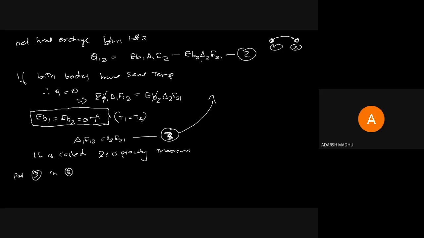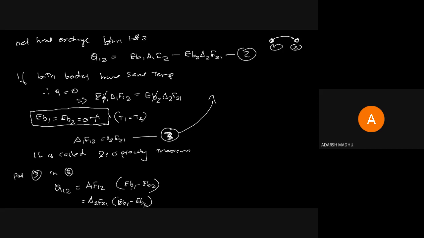Okay. So we can take A1 F12 common. That is Q12 equal to A1 F12 into EB1 minus EB2. Okay. Or if we want F21, then A2 F21 into EB1 minus EB2. Okay.